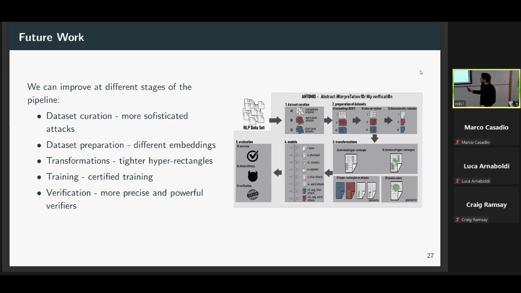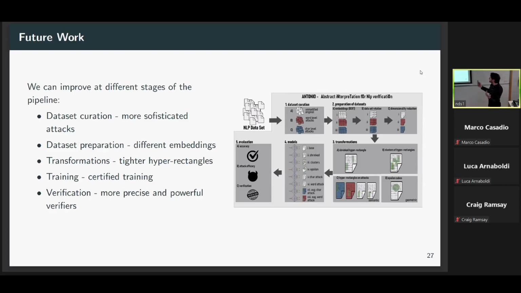Also, attacks year by year get better and more sophisticated. We can also change the dataset preparation, right? We have embeddings, preparation, dimensionality reduction. We can, for example, try different embeddings, other embeddings. There might be some embeddings that are especially modified to take into account semantics of sentences or any other properties that you want.